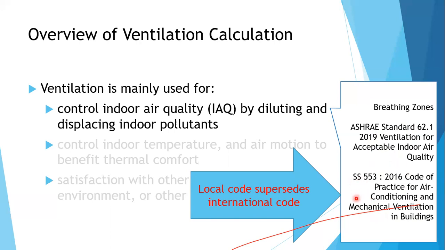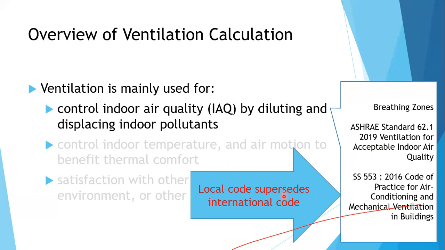Why does the local code supersede the international code? Because the engineer who is going to sign this is presumably local, which means he knows what is better for their locality. The international code is just that, international, generalized.